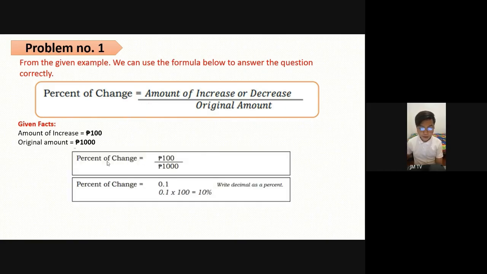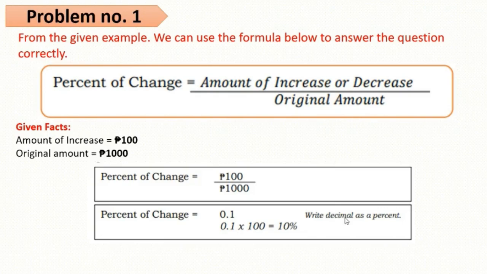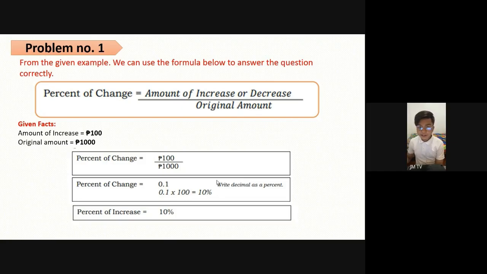So percent of change equals amount of increase, 100, over the original amount, 1,000. Percent of change is equal to 0.1. Why 0.1? When you divide 100 by 1,000, we get 0.1. Times 100 is equal to 10. You can see here on the side, write decimal as a percent. 10%. The percent of increase is 10%.